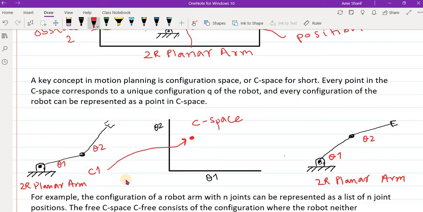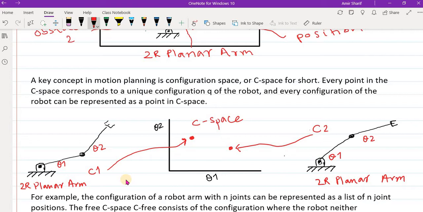Let's say we call this configuration C2, and this C2 will be represented by a different point in your C space, represented by this point.